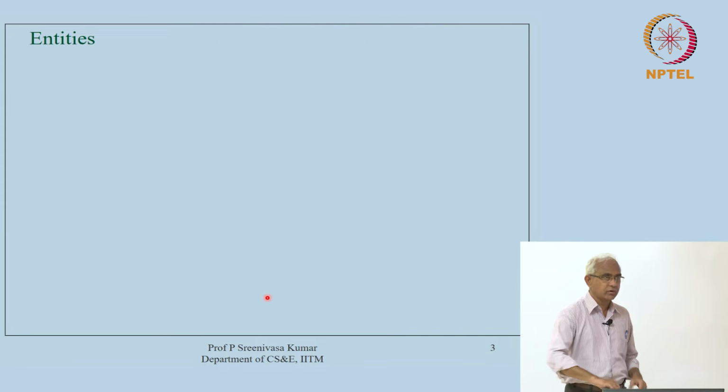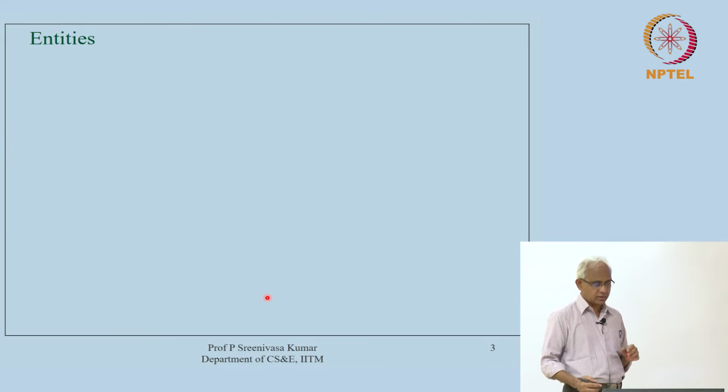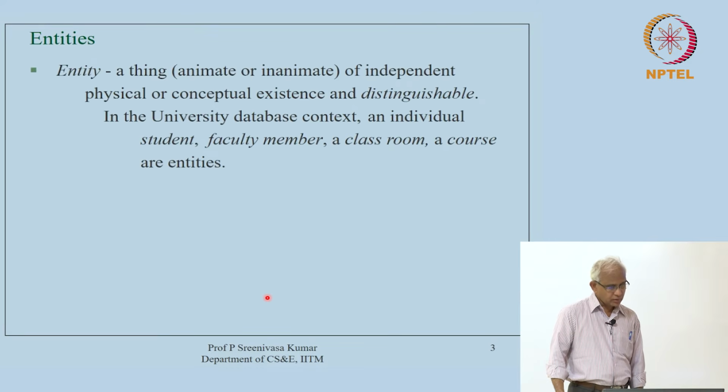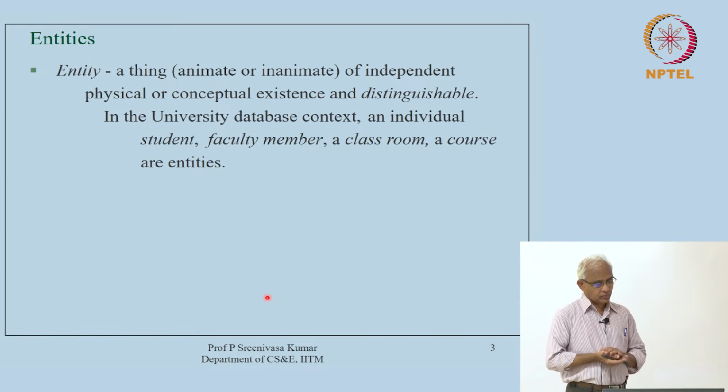Okay, so let us begin with entities. What exactly are these entities? An entity is a thing of independent physical or conceptual existence in our domain of interest, and it could be animate or inanimate, but what is important is it is of independent existence, and it is also distinguishable.